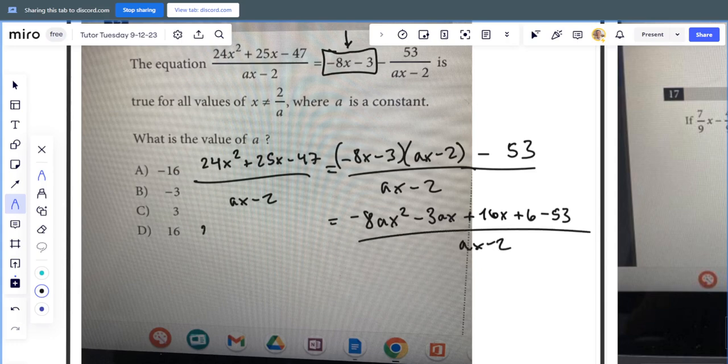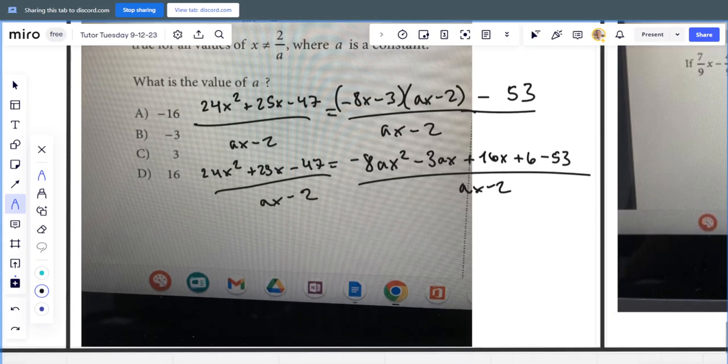And remember, this matches up with (24x² + 25x − 47)/(ax − 2). Since the denominators here are equal, I don't really need to consider that. I can just set these two parts equal to each other. What I notice is that 24x² matches up in power with −8ax².